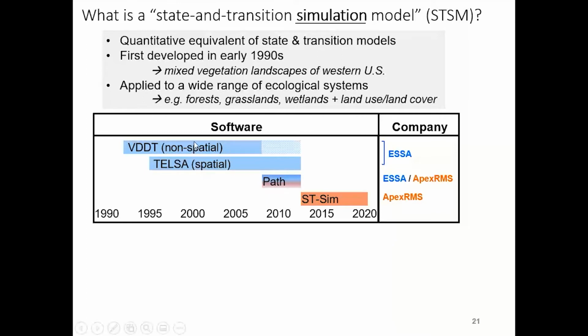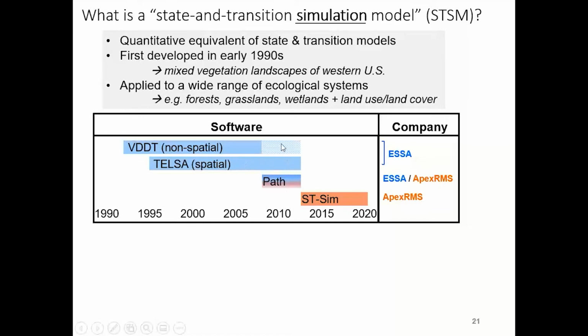Leonardo, you date from around the year 2000. Is that right? Probably. Yeah, 2002. 2002. So Leonardo and I kind of came into the middle of this when we were working at ESSA. And there was a second product called Telsa that was trying to deal with the spatially explicit side of things. And eventually we realized these products had met their life end as a software product based on the technologies that we were using.